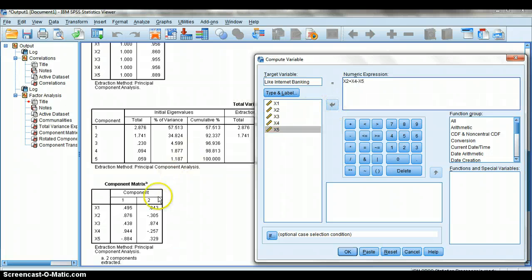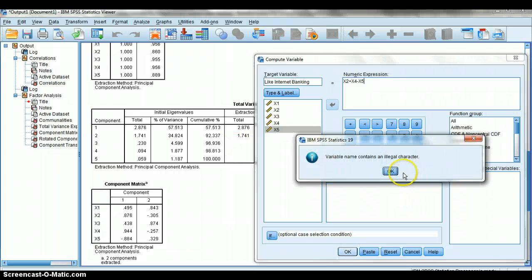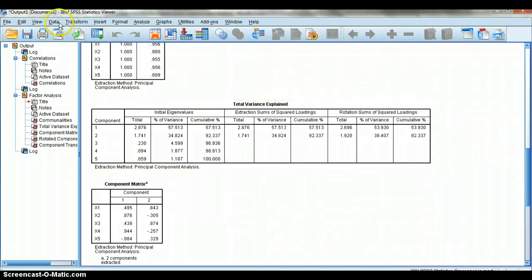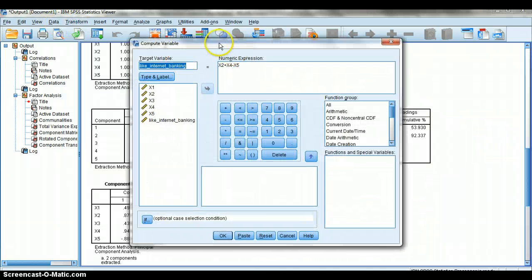I am just adding these together, x2, x4, and then I subtract x5 because this is a negative. Hit OK. Variable name contains an illegal character. Let's try that. You probably can't have any spaces.